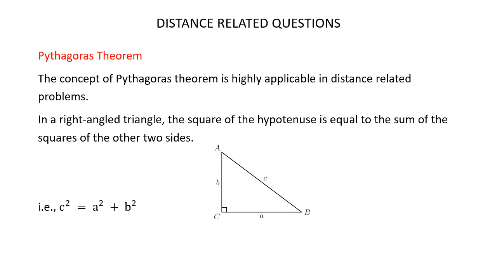Now according to the Pythagoras theorem, in a right angle triangle, the square of the hypotenuse is equal to the sum of the squares of the other two sides. That is, C squared is equal to A squared plus B squared. Remember this formula, which will help you to solve many distance related problems in the topic directions.